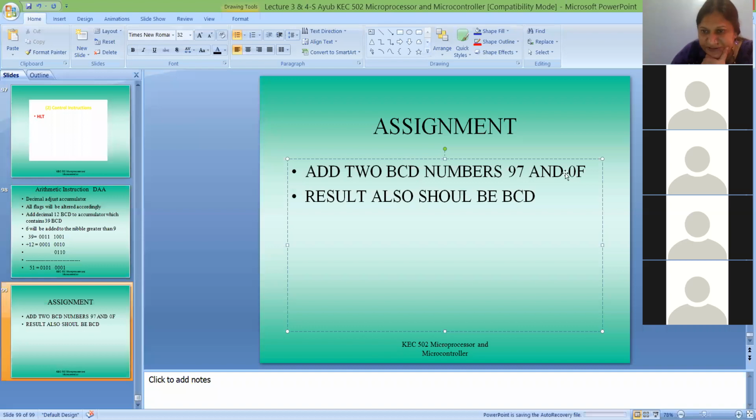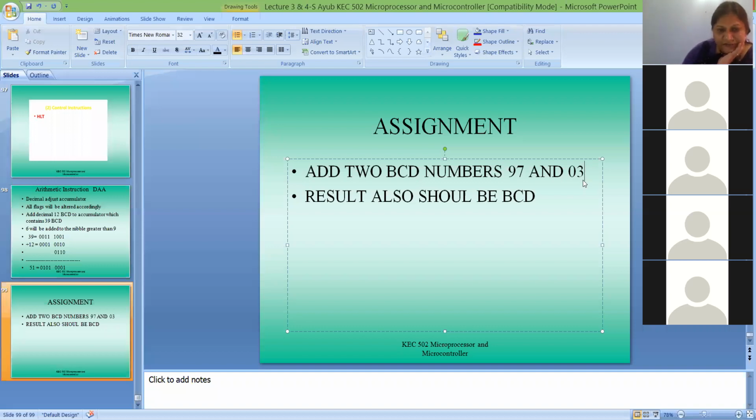Sorry, this is a BCD number, so this cannot be 0F. So 97 added with 03, what should be the result?